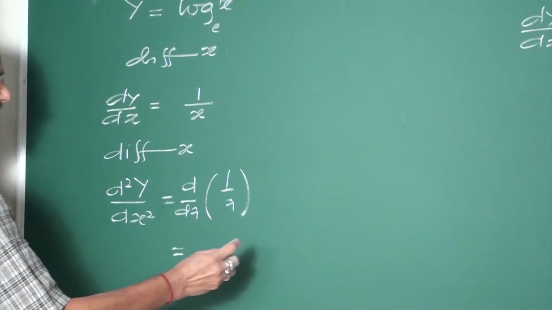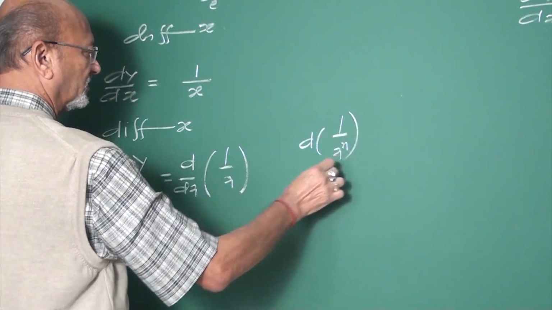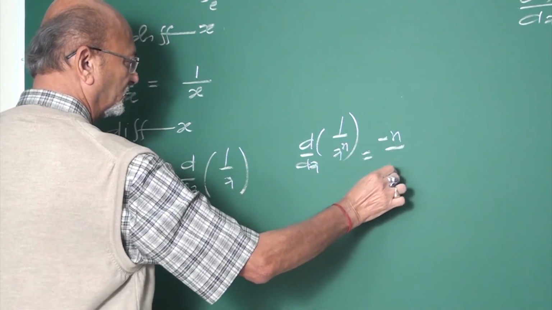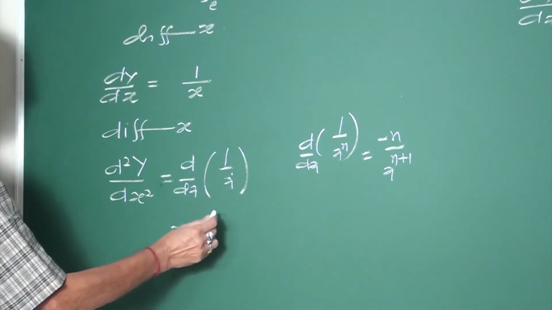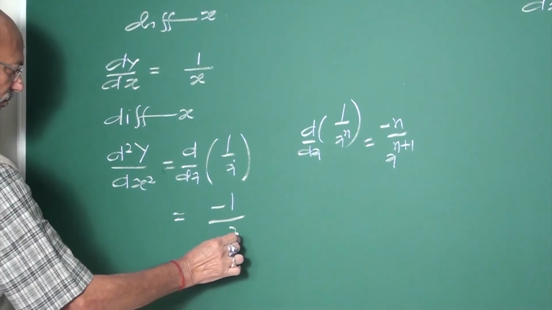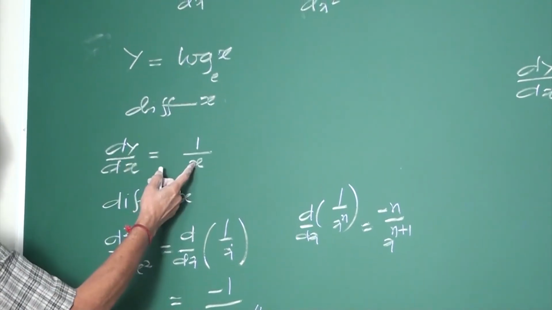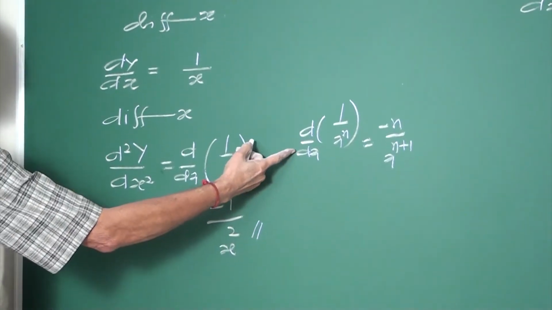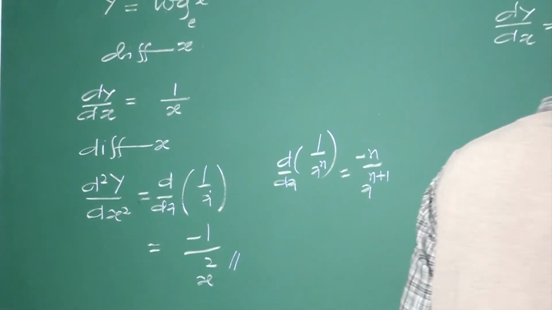Derivative of 1 upon x to the power n is minus n upon x to the power n plus 1. Here n is 1, so it is minus 1 upon x squared. The derivative of 1 by x is minus 1 by x squared, applying this formula.